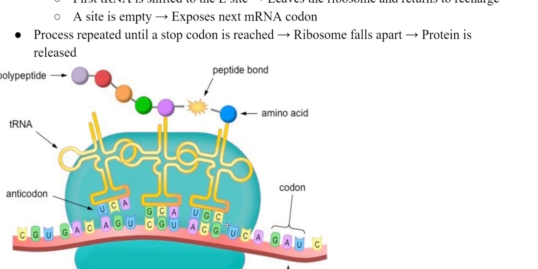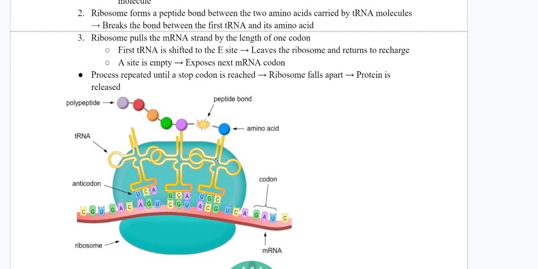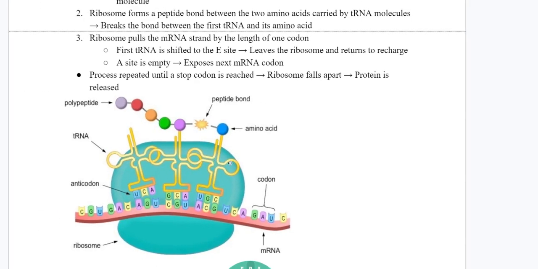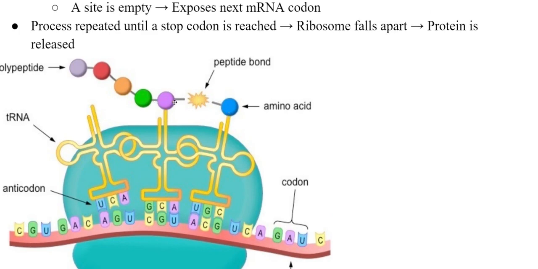As you see here, this tRNA came from the cytoplasm, bringing this amino acid, and it landed here. And there's also a tRNA here that is holding an amino acid. So this ribosome forms a bond between these two amino acids in order for them to attach together. And this bond is called a peptide bond.